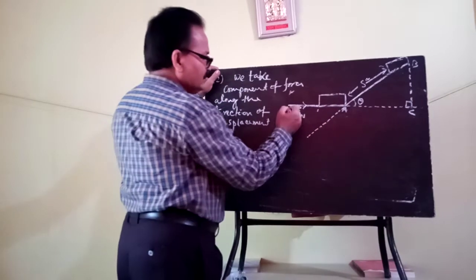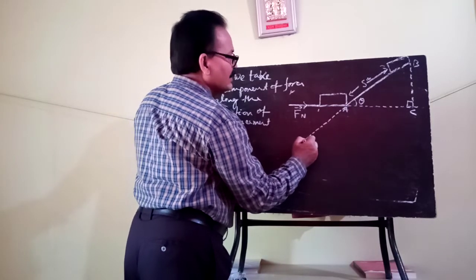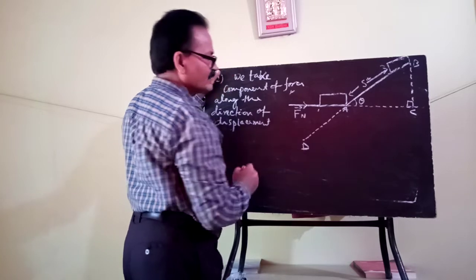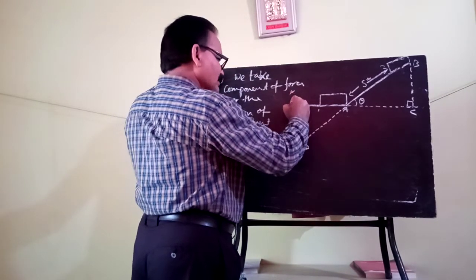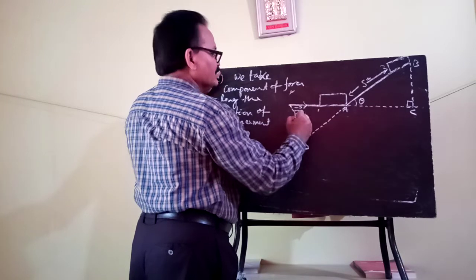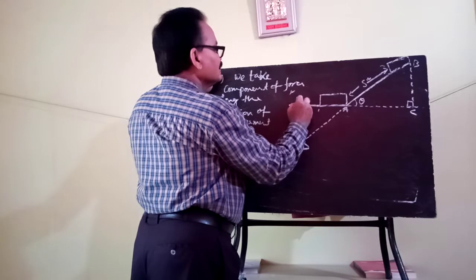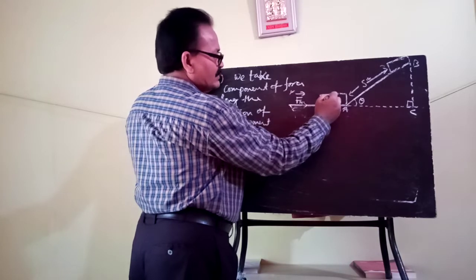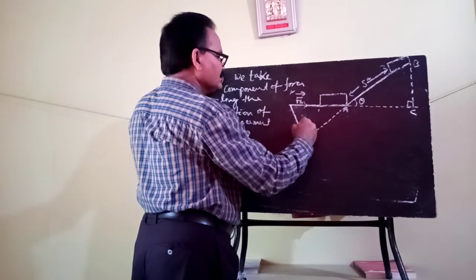Okay. Then up to say point C, up to say point D. Now you draw a perpendicular line on this AD. This is your force F Newton acting on this body, and you draw from this end.